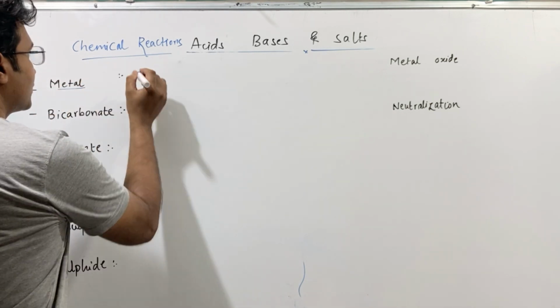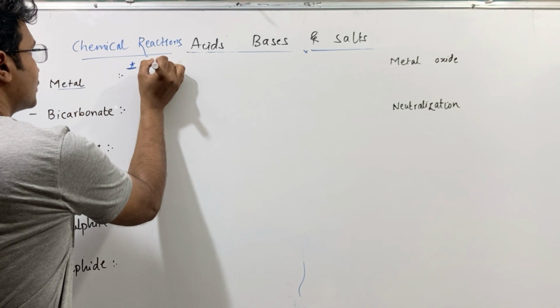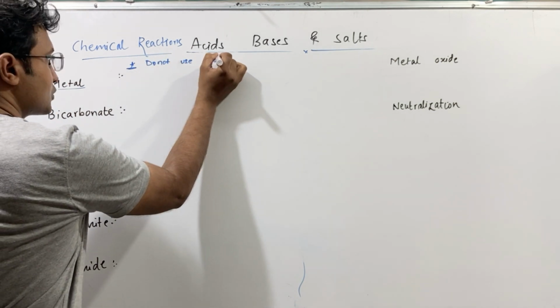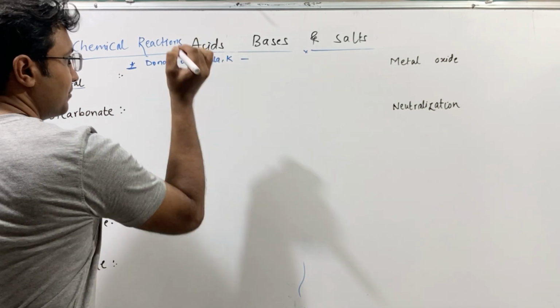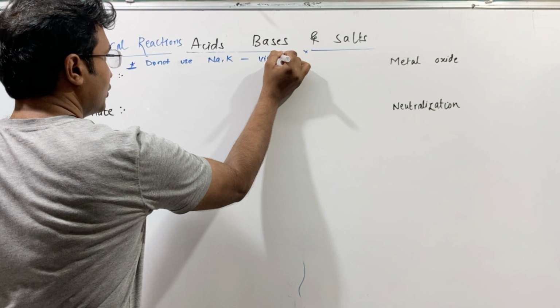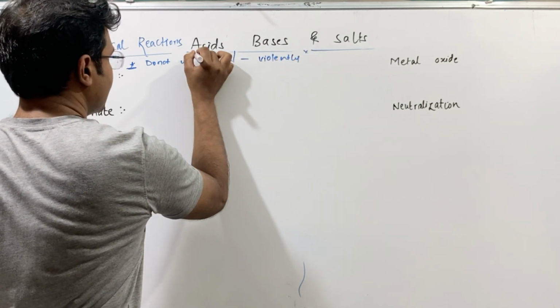Metal. Now here you note one important thing. Do not use sodium or potassium metals in this reaction because they react violently. So do not use these two metals.